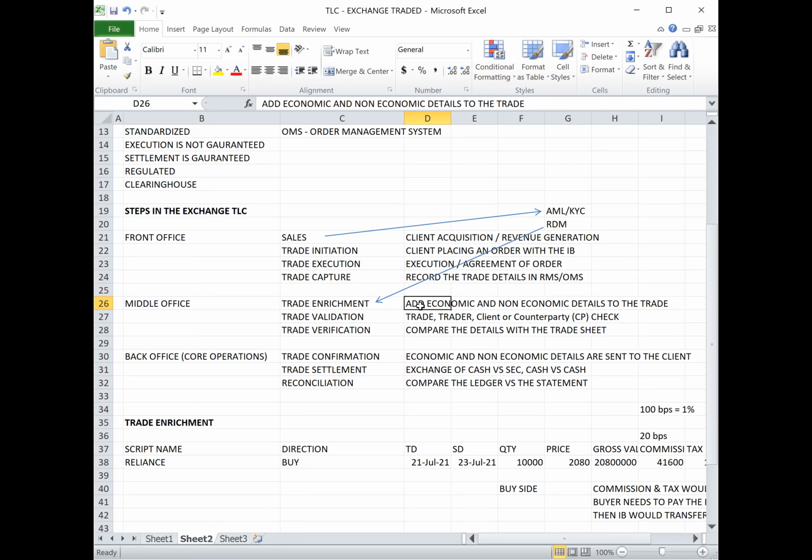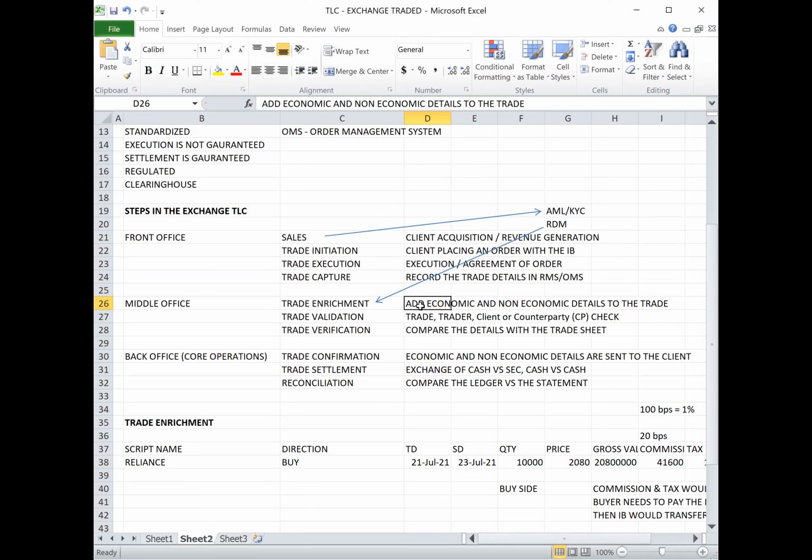Whereas non-economic details are account number, beneficiary name, to which account the shares need to go, from which account the cash needs to come in, right? So these address details are non-economic details. They don't impact the profit and loss. They are like the address. Where do shares or cash need to come and go to?